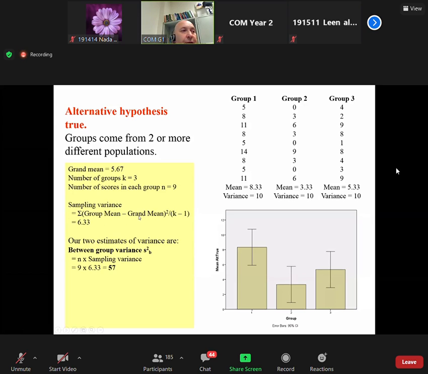Some people might be able to. So the first one is going to be 8.33 take away 5.67. Whatever you get with that, you square it, write it down, do the same for this mean, do the same for the third mean, add those three squared differences up, divide by 2, and you will get 6.33. Okay?